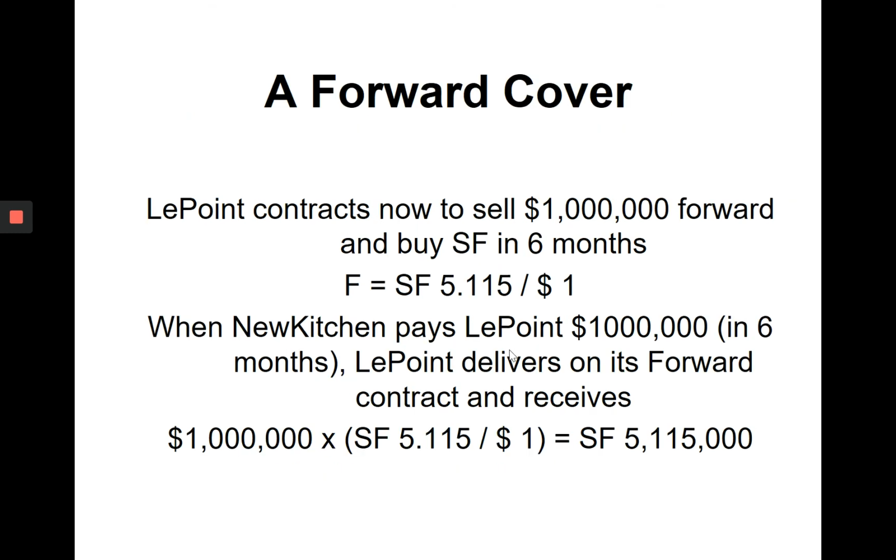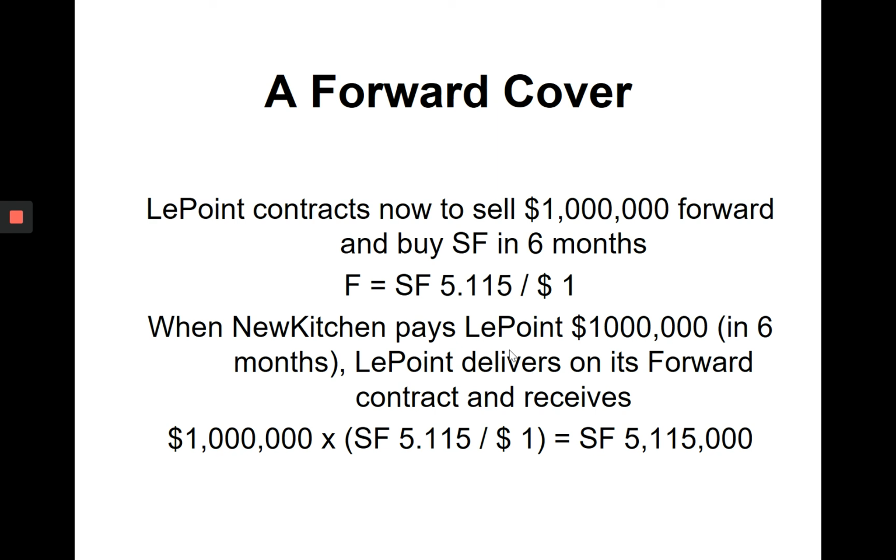Okay, now let's discuss a forward cover. This Swiss company, La Pointe, makes a contract to sell $1 million American dollars forward and to buy Swiss francs in 6 months, because the American wholesaler gives the Swiss $1 million. Dollars are not their currency and their value can change, but we could get a fixed price today for exchanging our dollars 6 months from now if we are the Swiss company.